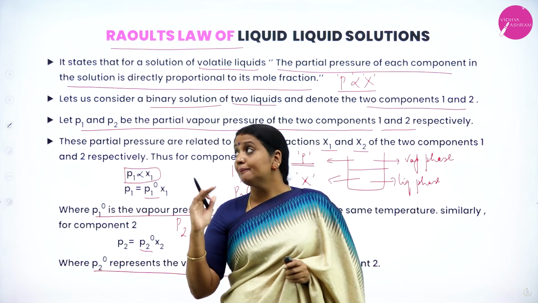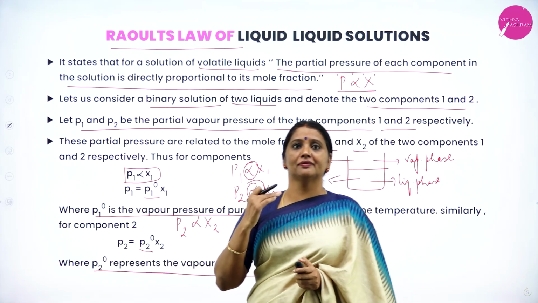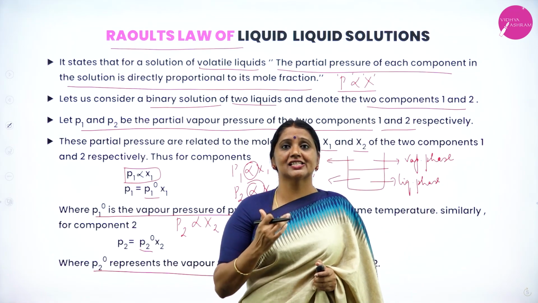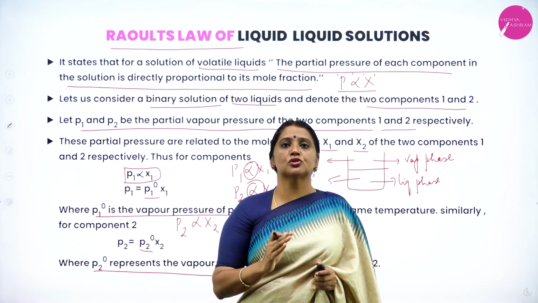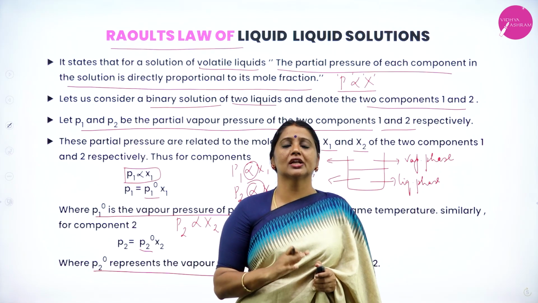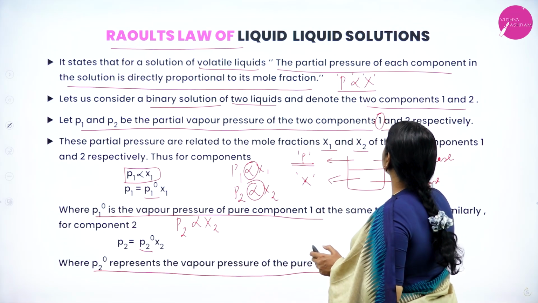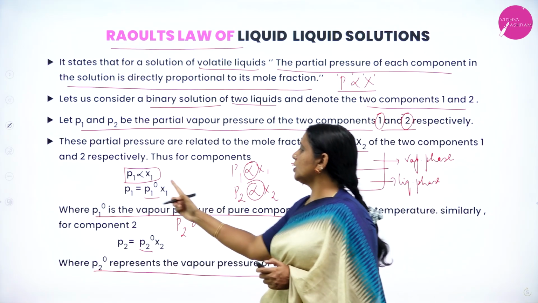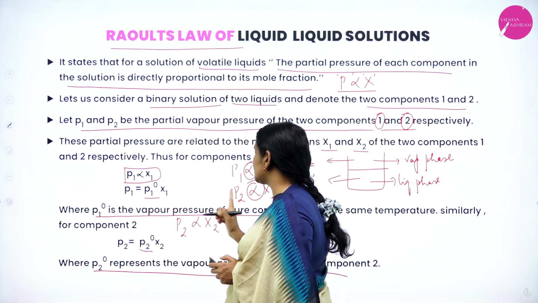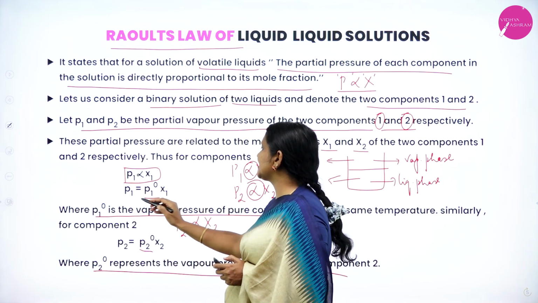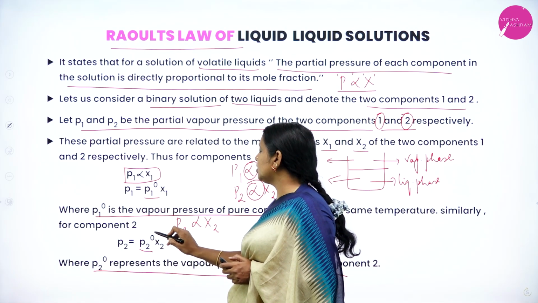So what is the statement of Raoult's law? Raoult's law states that the partial pressure of each component is directly proportional to the mole fraction in the solution. When you remove the proportionality sign, P1 is equal to P1 naught X1 and P2 is equal to P2 naught X2.